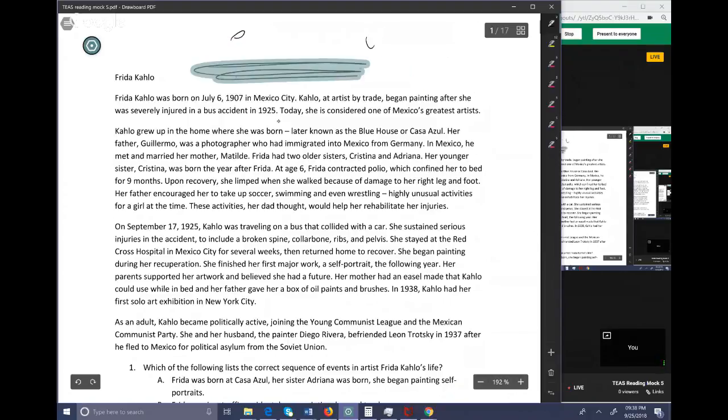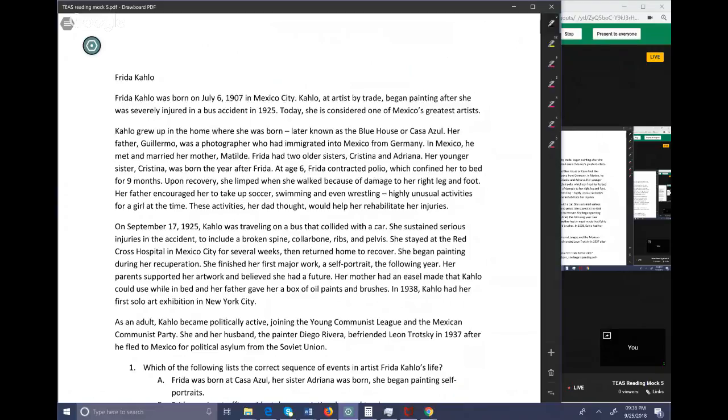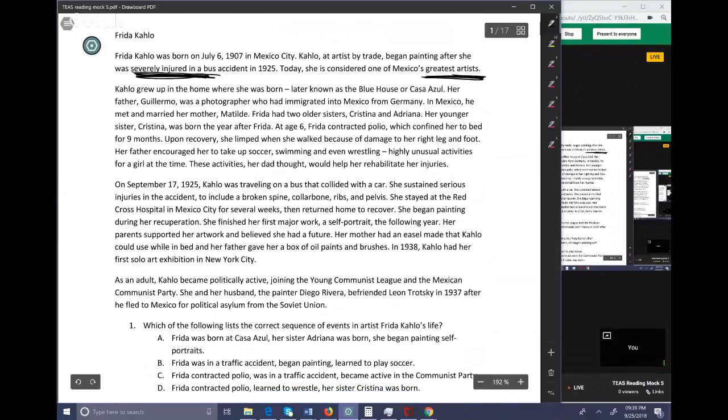It is focused. So when you read the intro paragraph, you'll see that it's not just a nice sequential thing about her life from beginning to end. It's got some emphasis in a couple of places. They say she was in a severe accident at one point and then became one of Mexico's greatest artists. So you can see that these are the 2 emphasis points for her life, and that's where they're going to focus.